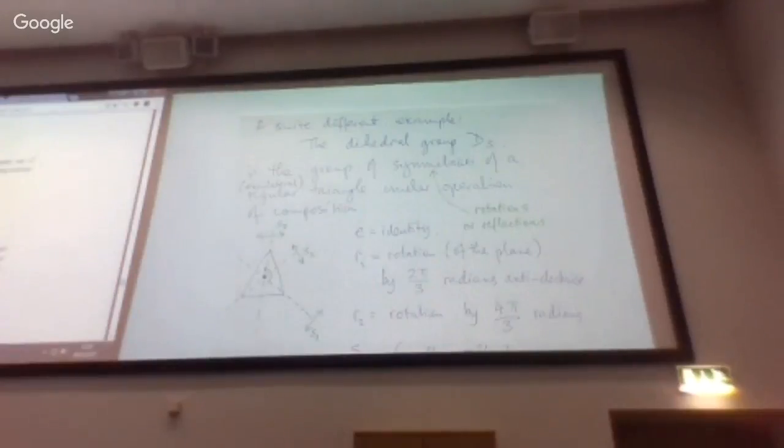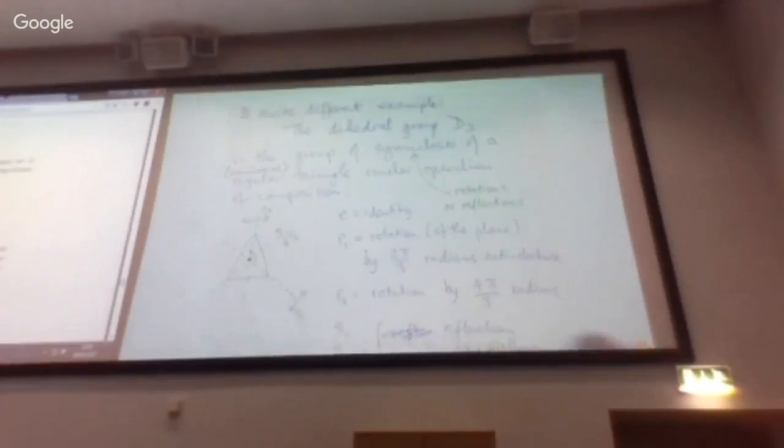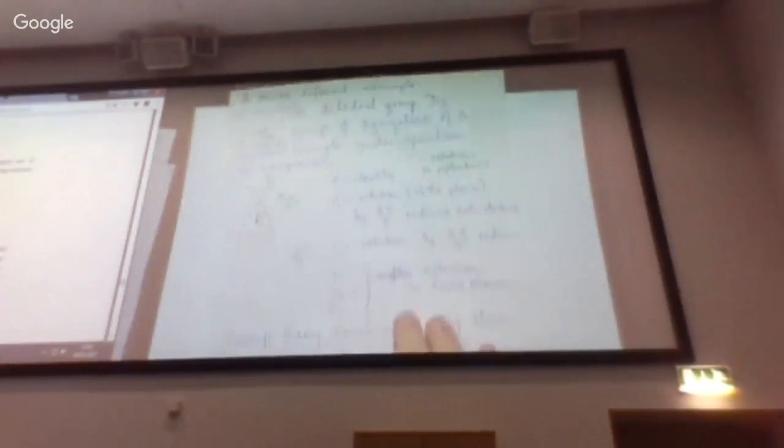Then we launched into looking at this very important example, one example of a whole family of groups, called the Dihedral Group D3. This is the group of symmetries of a regular triangle, an equilateral triangle. We discussed how such a triangle has 6 basic kinds of symmetries. Symmetries of such a figure in the plane are transformations of the whole plane.